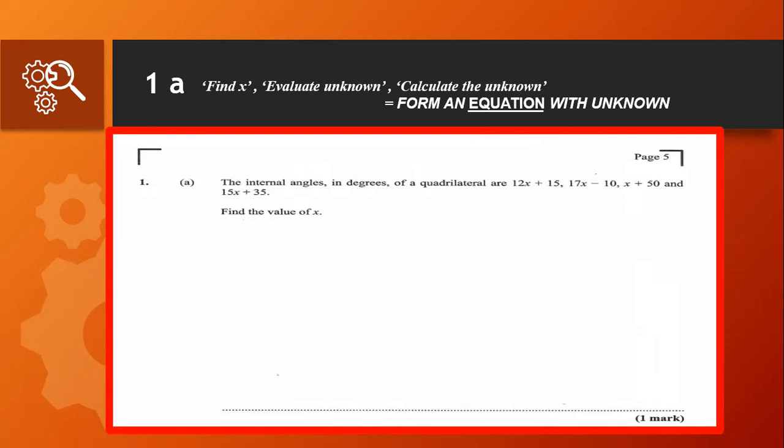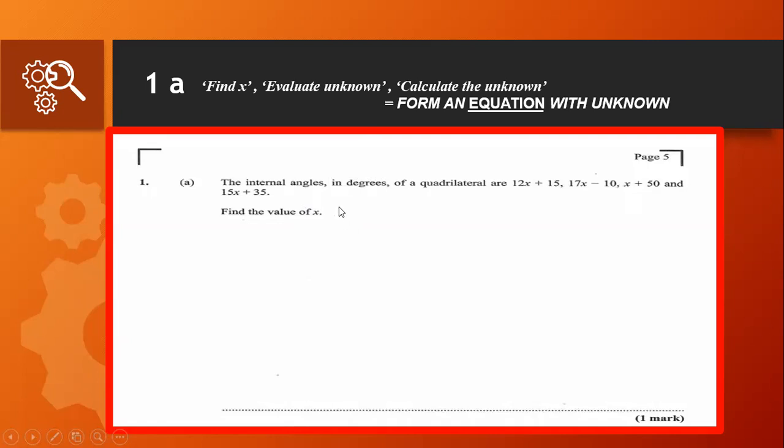In order for you to find the unknown, you must first form an equation and use that equation to calculate the unknown. That's what this expression actually means. When they say find the value of x, they are expecting you to understand that you should form an equation in x, which is the unknown in this case, and then solve. Any questions? I hope that's clear with everybody.